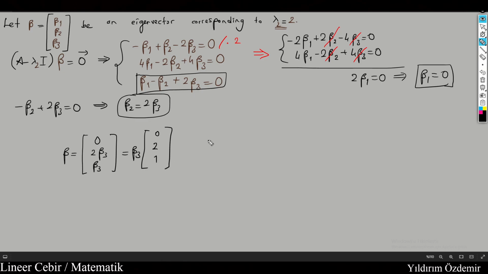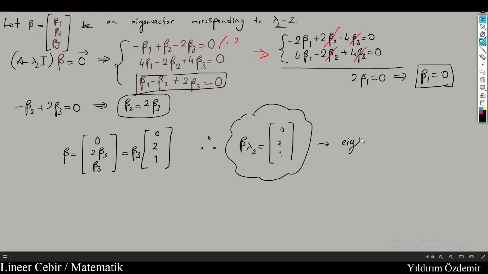Therefore the second eigenvector of the given matrix is 0, 2, 1. This is the eigenvector corresponding to lambda 2.